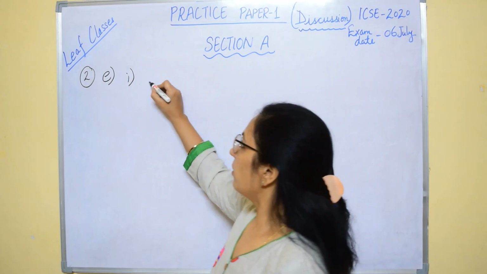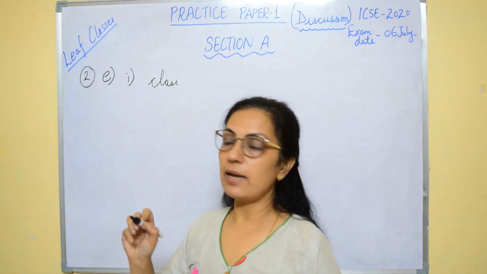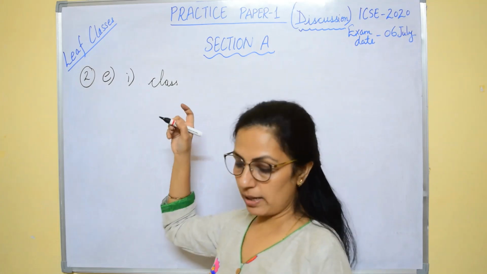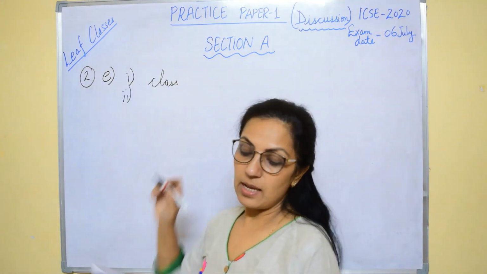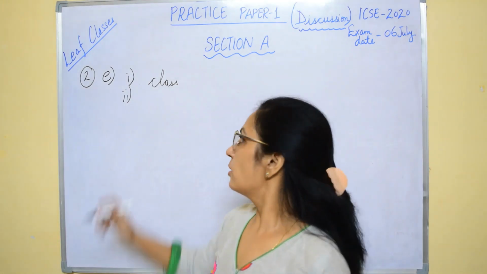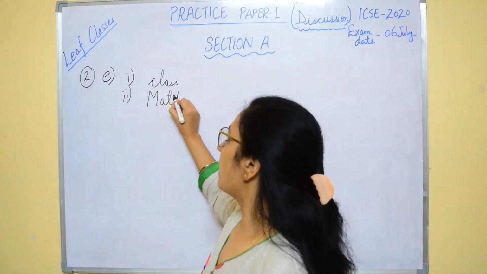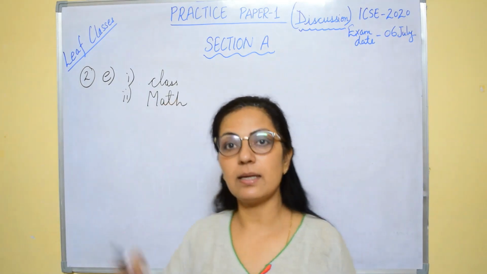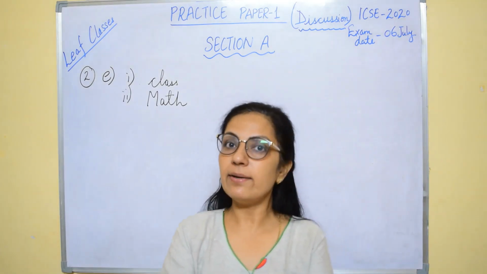Here you know that class is a non-primitive or derived data type, so you can write class or arrays over here. The next part says: name the class containing mathematical functions. So you have to write the name of the class. Capital M Math class is there, which contains all the mathematical functions.